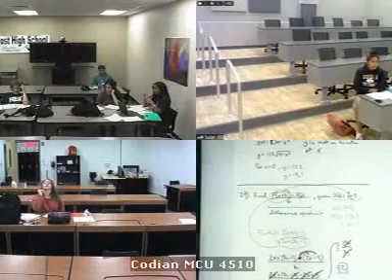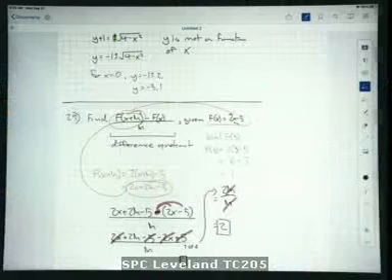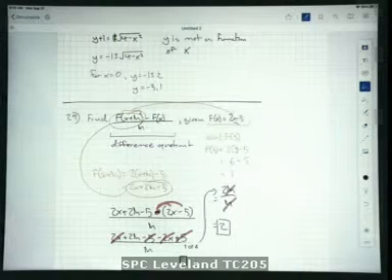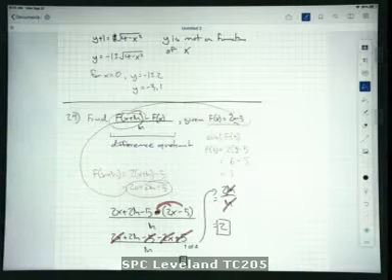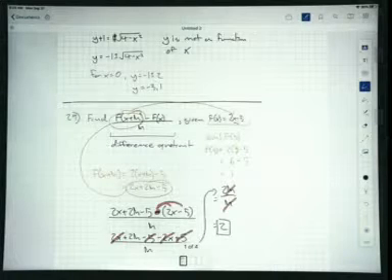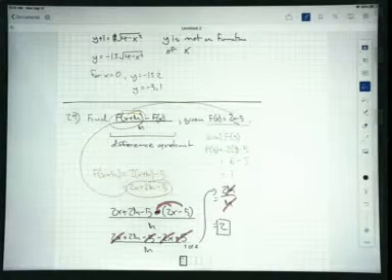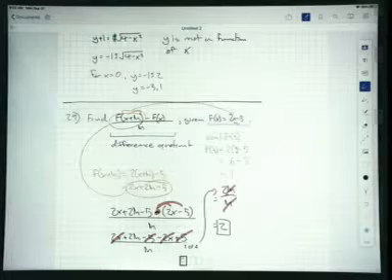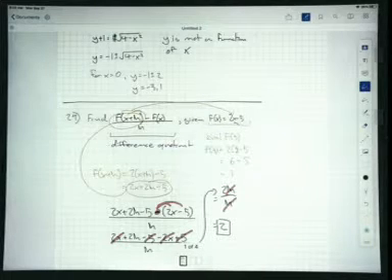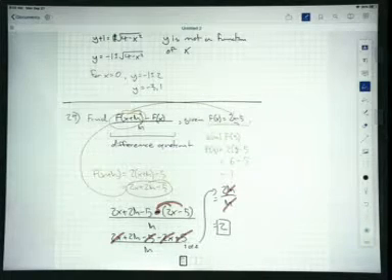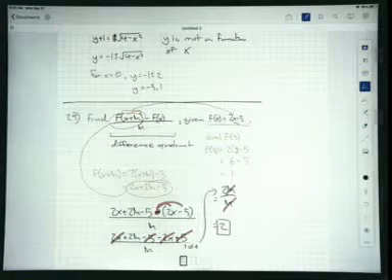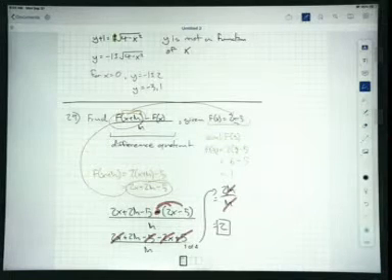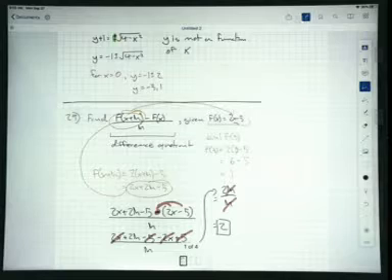Can you do 25? Okay, I'll do 25. I just want to do one more of these difference quotient problems.